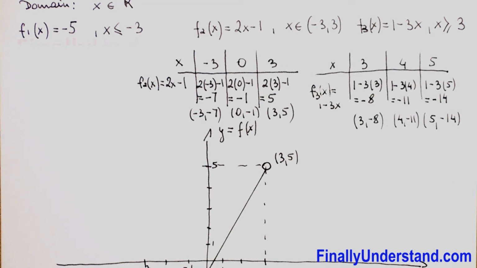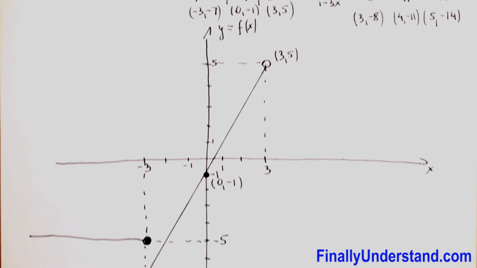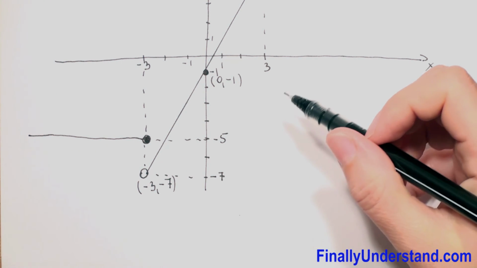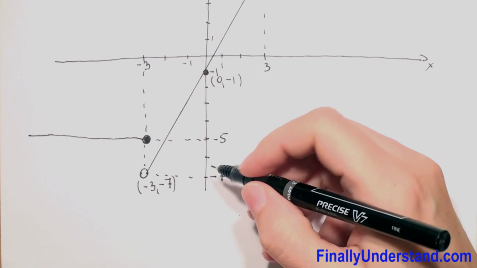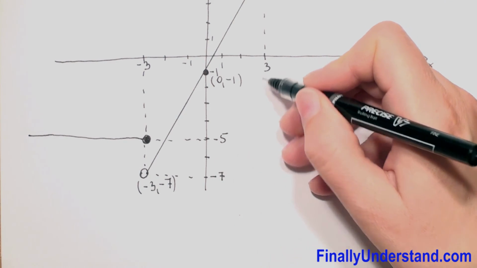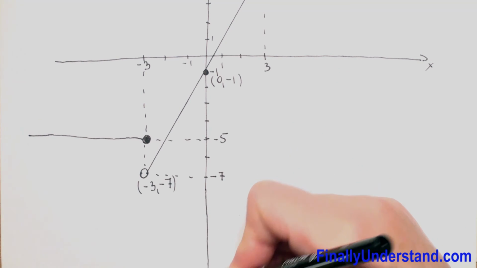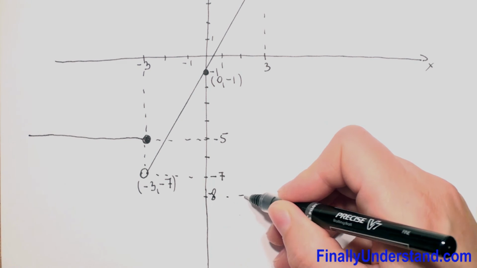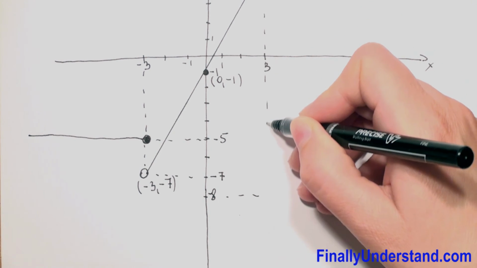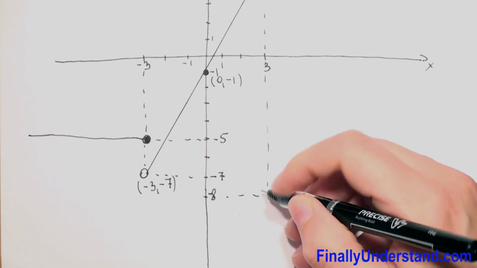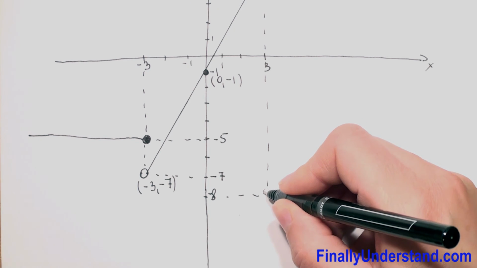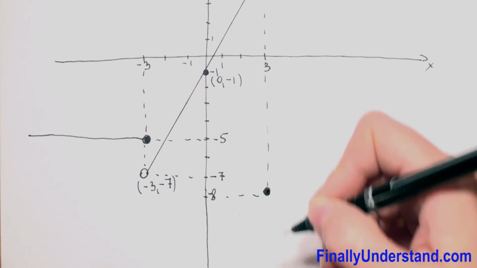So let's find these points. So first point is 3, negative 8, we have 3 and negative 8. And this point belongs to our function because in the domain we have x is greater than or equals 3. So we have first point.